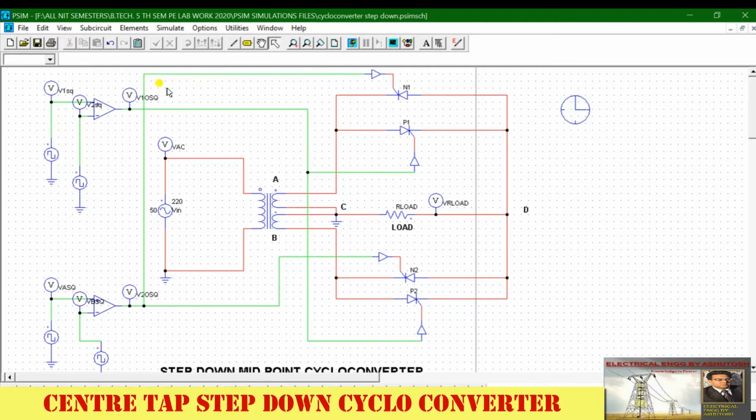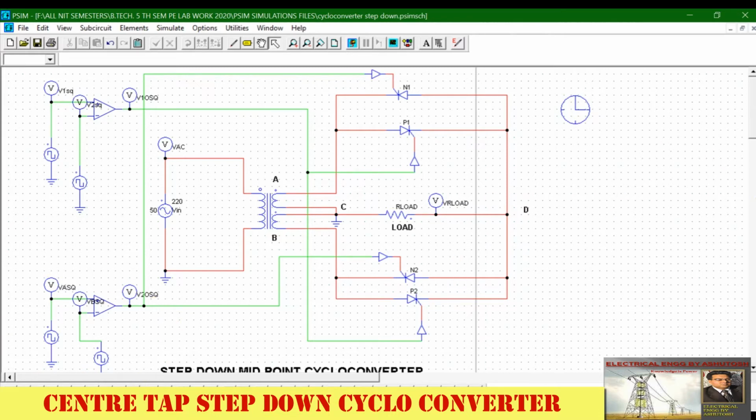The thyristor gates N1 and N2 are connected through on-off controllers, both combined together at one point, and the triggering pulse is controlled by this scheme that I have constructed here.